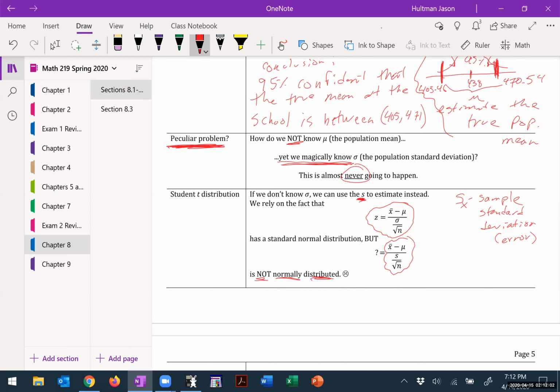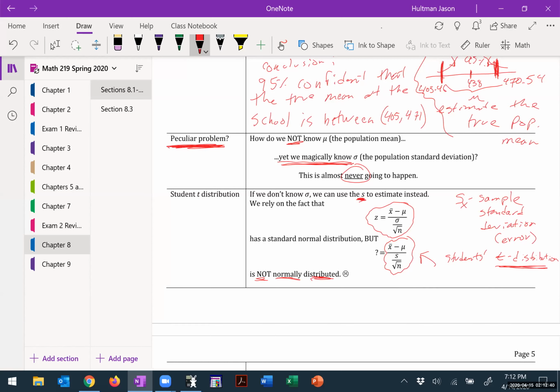But it does have something called a T distribution, or a student T, lowercase t. Let me rewrite my student here. That's a student T distribution. I think it's students. I don't know, I have to look it up. But anyway, it's the student's T distribution.